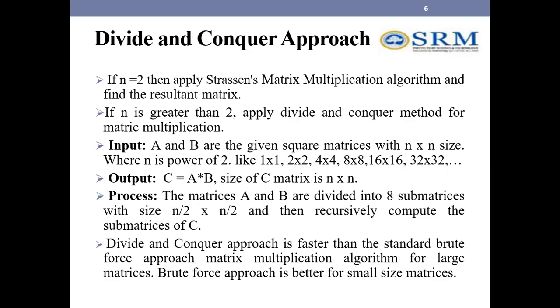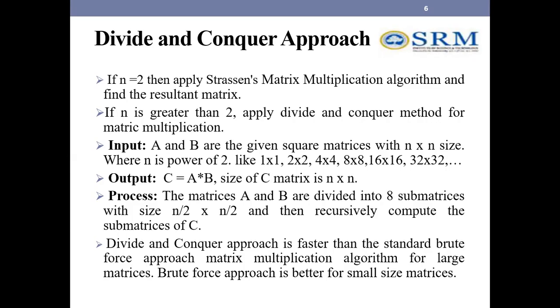Here, what's the process? This is a divide and conquer approach, so the problem should be divided into a number of submodules. The given matrices A and B are divided into 8 submatrices. Matrix A is divided into 4 sub-arrays, and matrix B is divided into 4 sub-arrays.